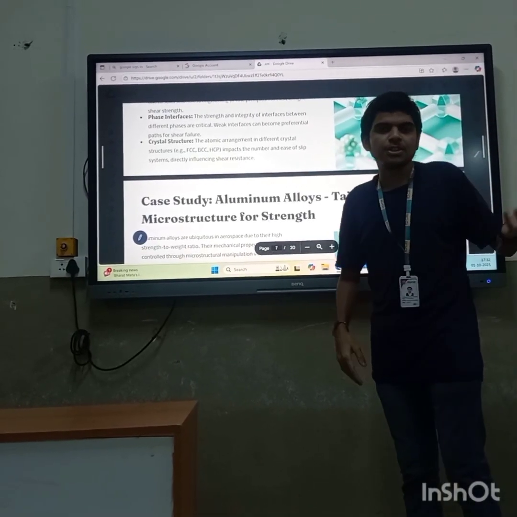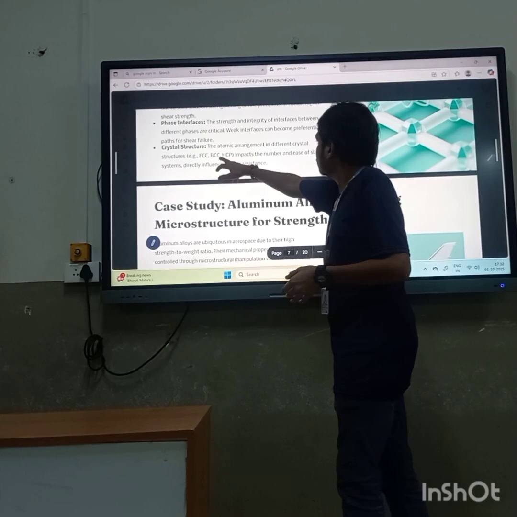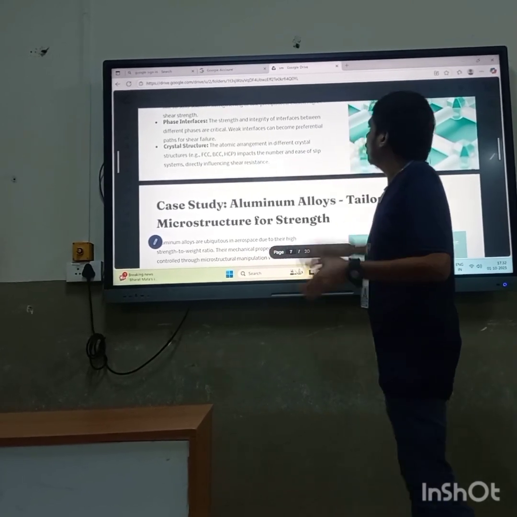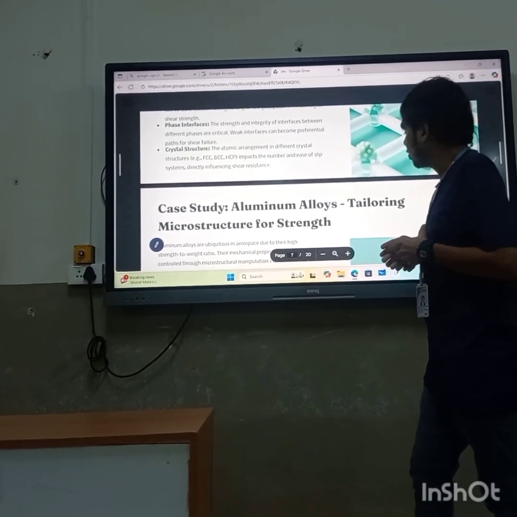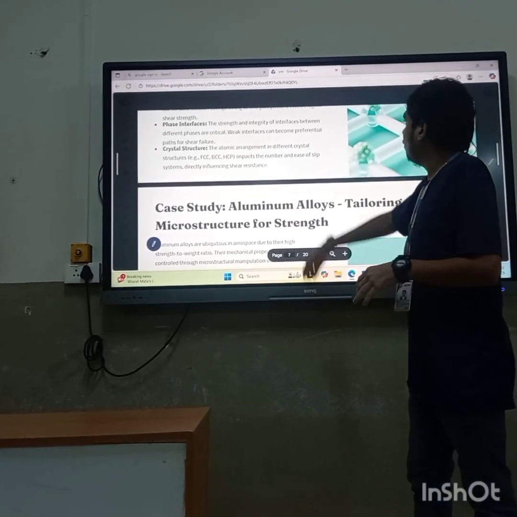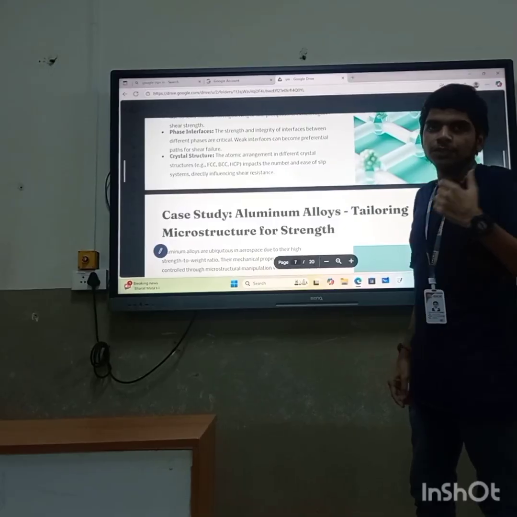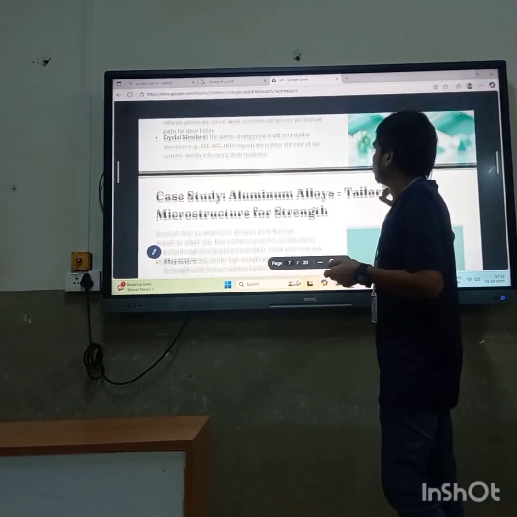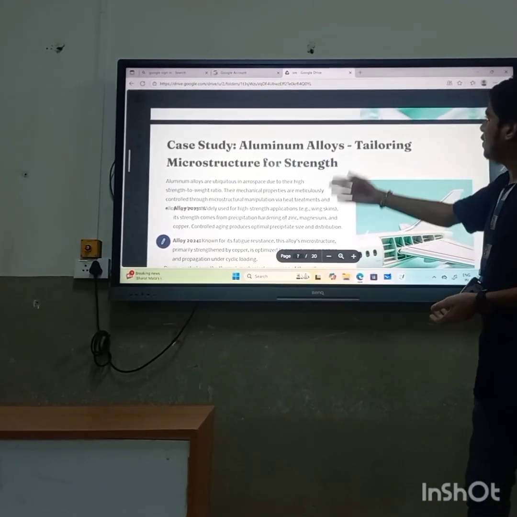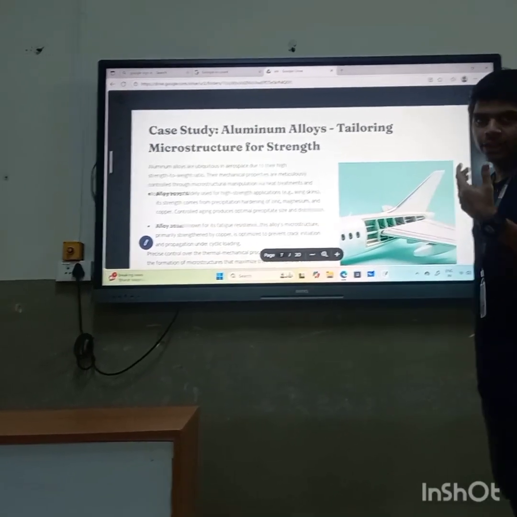There are many crystal structures like FCC, BCC, HCP. In fact, the atomic arrangement in the different crystal structures impacts the number and ease of slip systems, directly affecting shear resistance. Then a case study: aluminum alloys, tailoring the microstructure for strength.